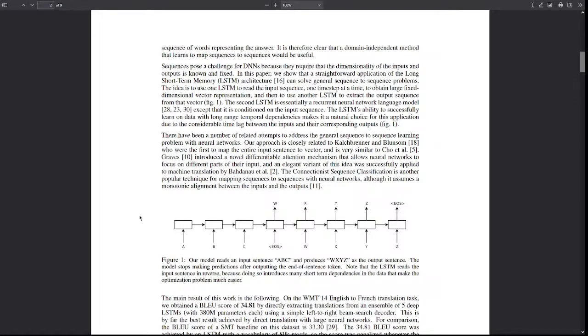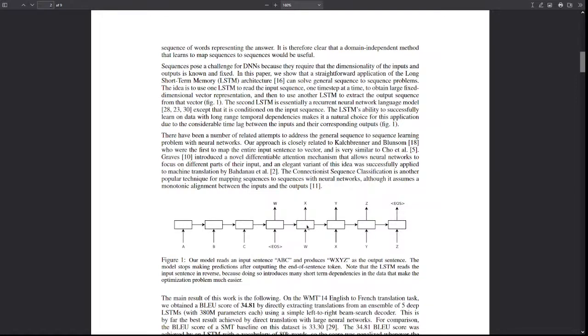Is the EOS end of stream? There have been a number of related attempts to address the general sequence-to-sequence learning problem with neural networks. One approach is closely related to Kalchbrenner and Blunsom, who were the first to map the entire input sequence to a vector, and is very similar to Cho et al. Graves introduced a novel differentiable attention mechanism that allows neural networks to focus on parts of their input.